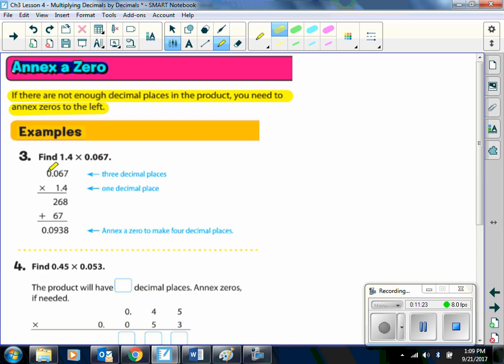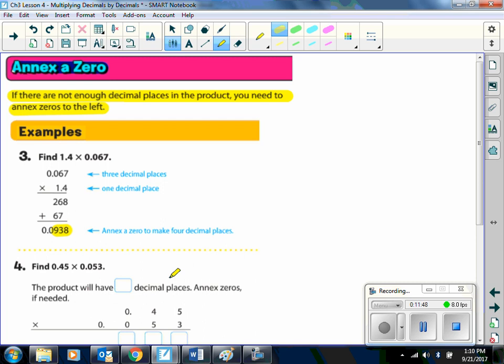So, here we have 0.067 times 1.4. And we multiply like normal, right? But up here, do I need to multiply that 0? No, I don't need to multiply that 0. Okay? So when we do that, we end up with 938, right?